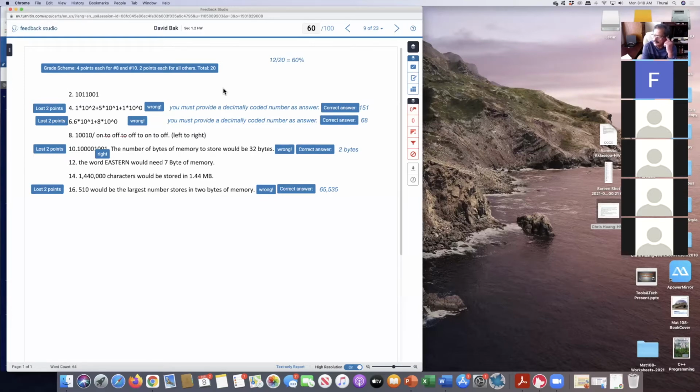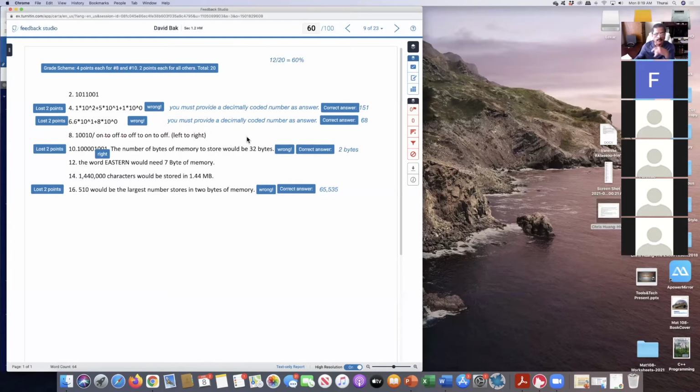So if you don't see the feedback, you can always write back to me. For some reason, if I open it up again and then close, then it shows up. It happened before. If I just open it up and then close, then the student can see the feedback. So it just has to reload everything, basically. So if you have that same issue, then send me an email message.